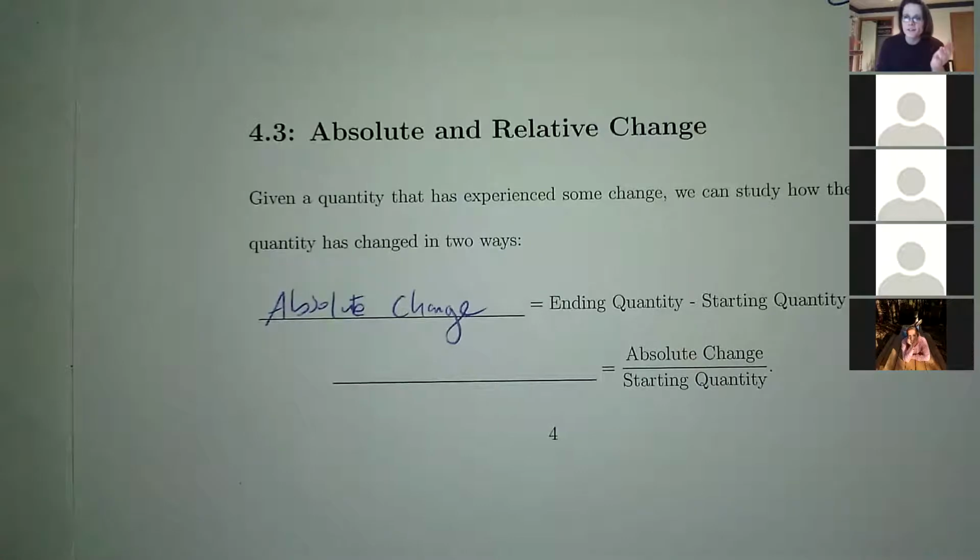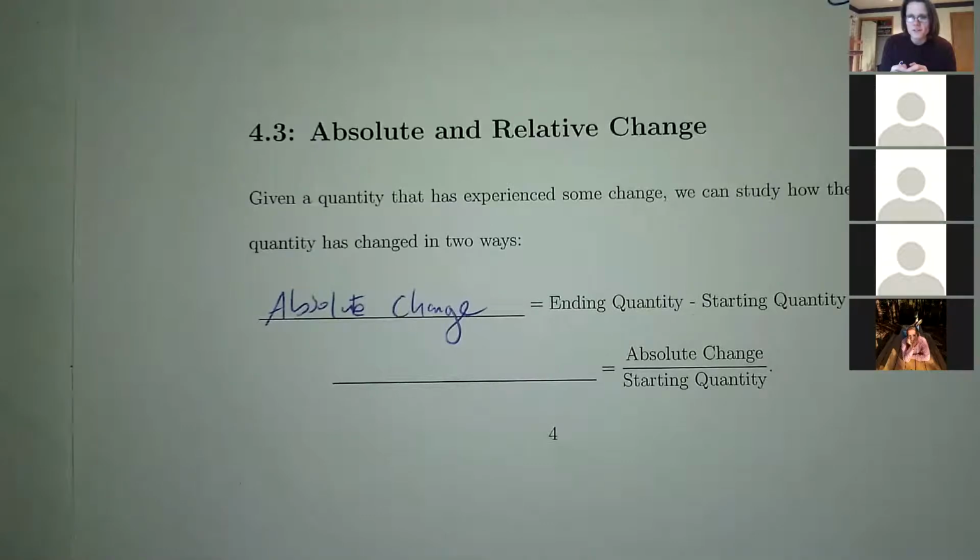But sometimes that's not a great way to see how things are going, right? Sometimes you want to know how much it's changing relative to the quantity itself. So what would be a good example?